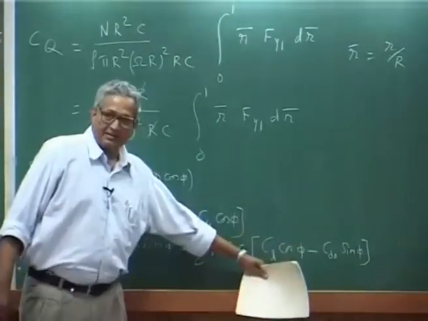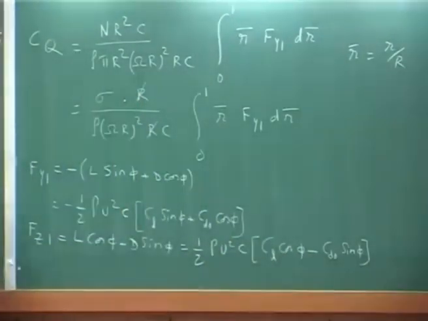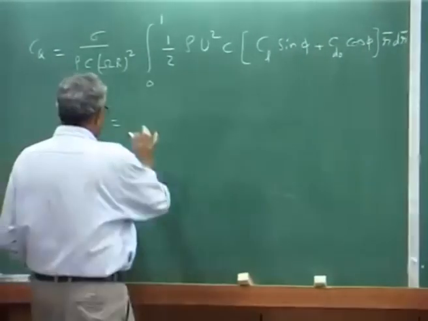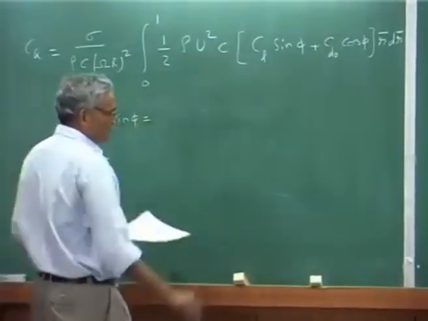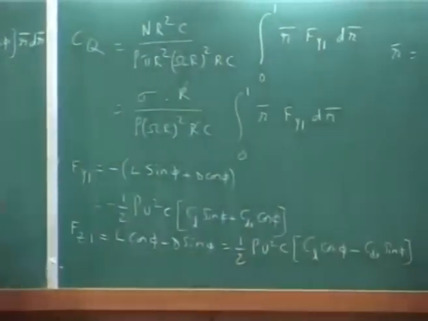Write C L in terms of the rest of the quantities, you will get C L. Okay, let me put it C L into sin phi. Okay. I am multiplying by, so divide by cosine phi.